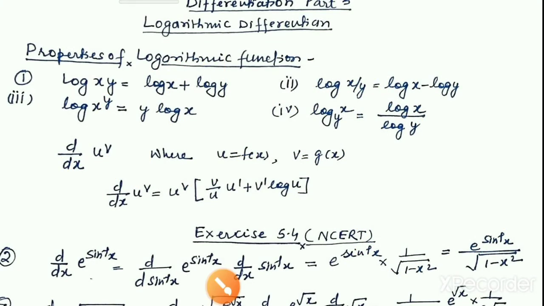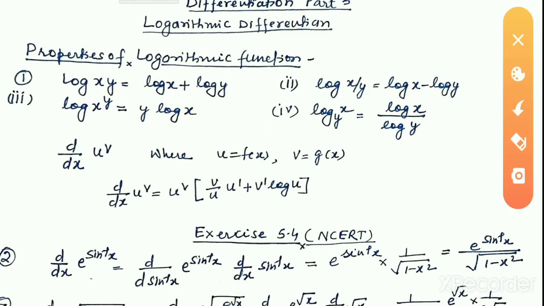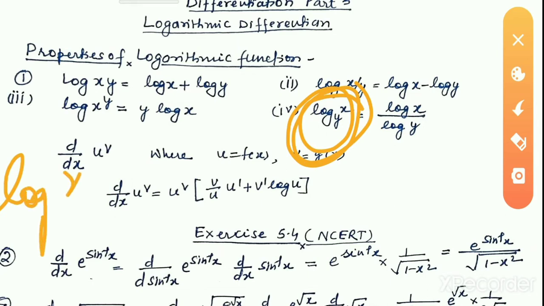The fourth and last is also called the base change property. Suppose there is a logarithmic function whose base is y. It can be different from y, but here we took y. So it can be written as log x upon log y.